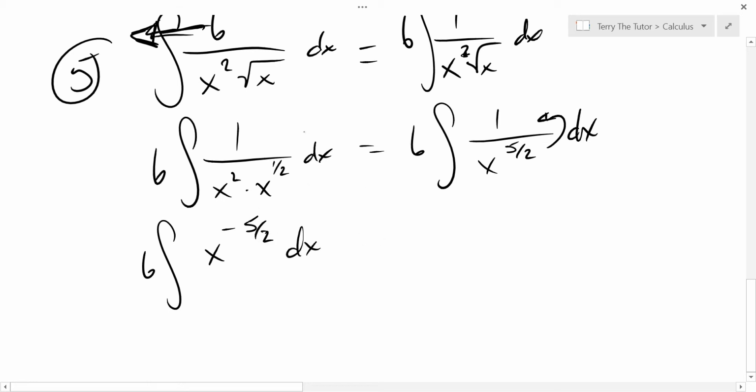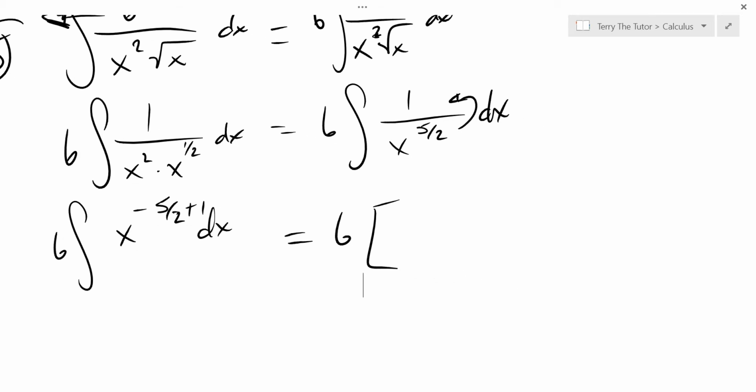Doing our power rule, we add 1, and that gives us, well, let's put a 6. We're going to use a bracket to isolate that to signify that it is a multiple, so we need to multiply by it later. Negative 5 over 2 plus 1 is x to the negative 3 over 2, and we're going to divide by that. So divide by negative 3 over 2, plus c.